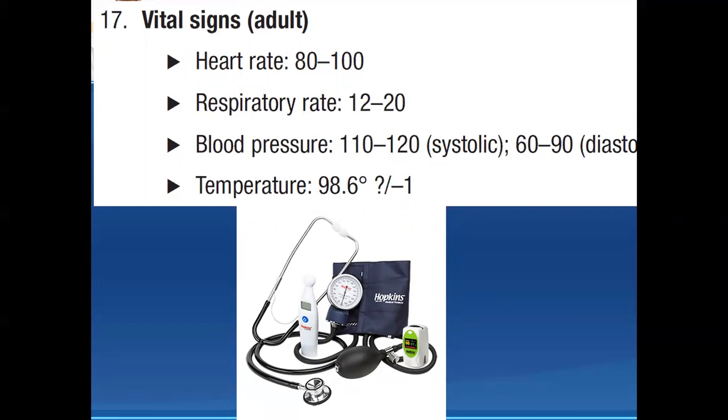So first of all, the blood pressure. The normal blood pressure here is 110 to 120 systole and 60 to 90 diastole.